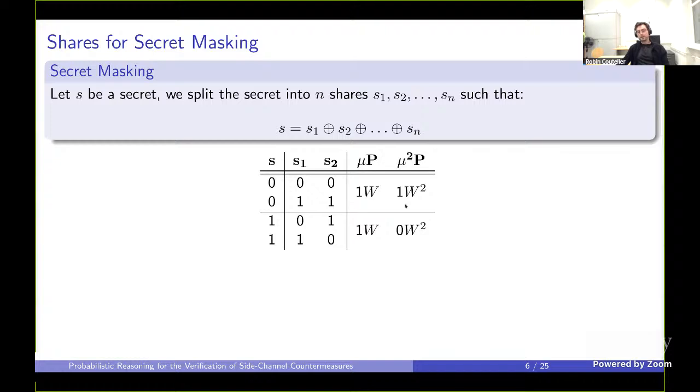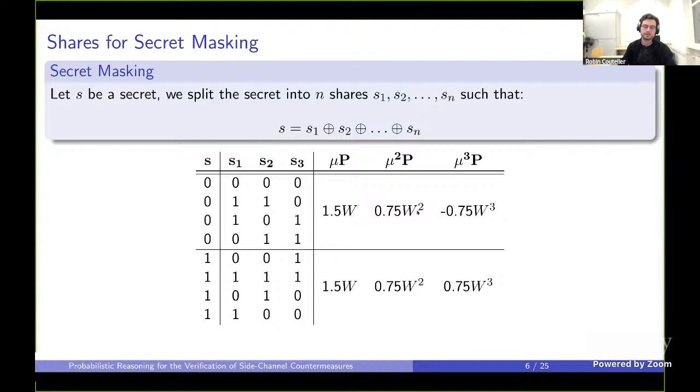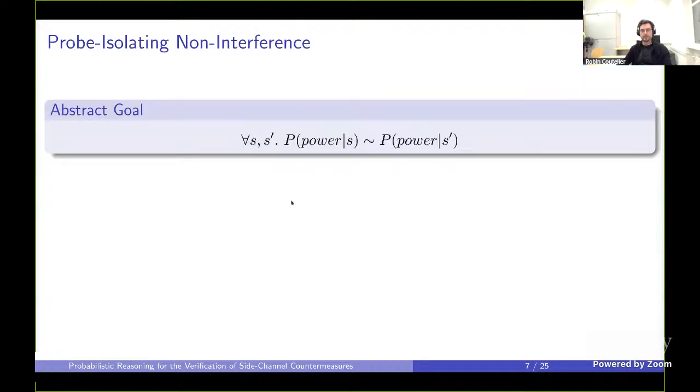But now if you measure the variance, you can see a difference. And this process continues. The more shares we have, the higher the moment we have to measure, and this is exponentially harder to get the secret. Okay?